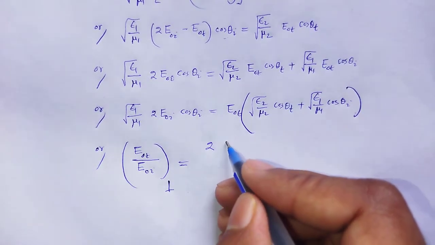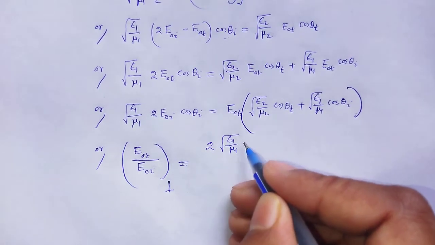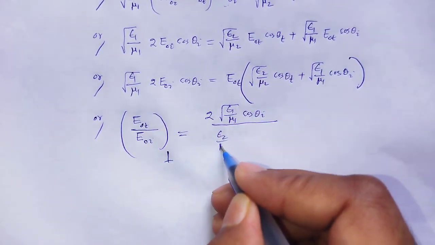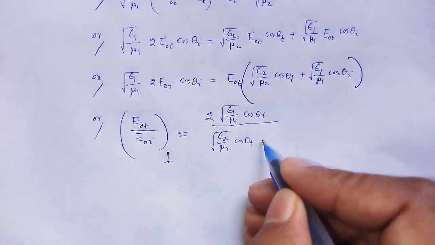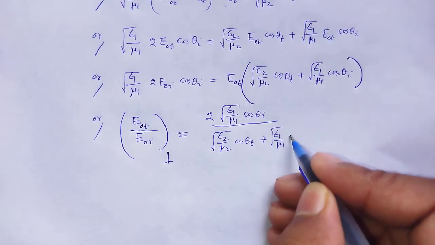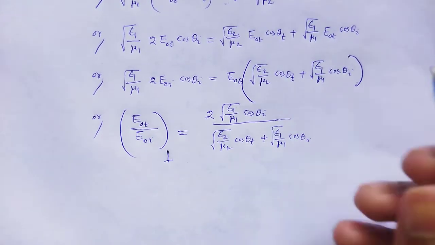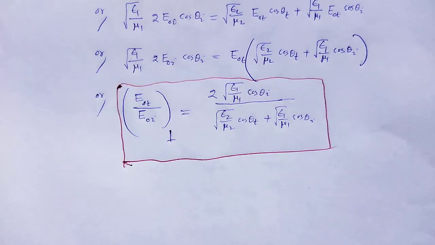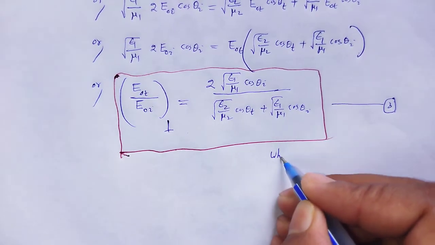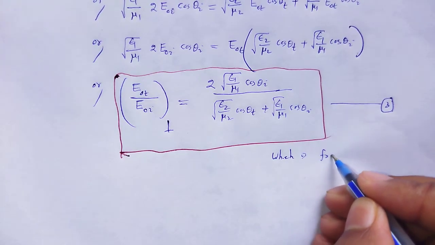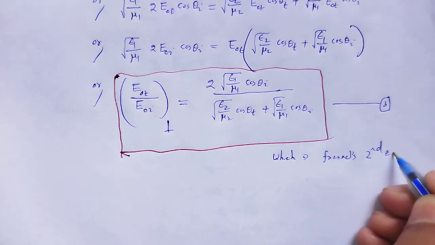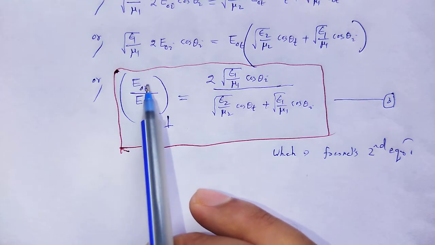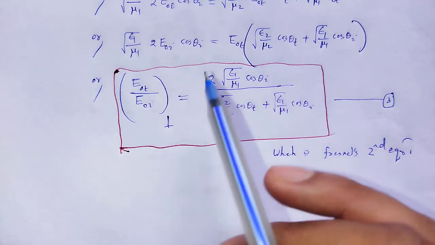Therefore, 2 square root of epsilon 1 mu 1 cos theta I divided by the term square root of epsilon 2 mu 2 cos theta t plus square root of epsilon 1 mu 1 cos theta I. In the second Fresnel's equation, that is the ratio of the amplitude of the transmitted wave to that of the incident wave, that much.